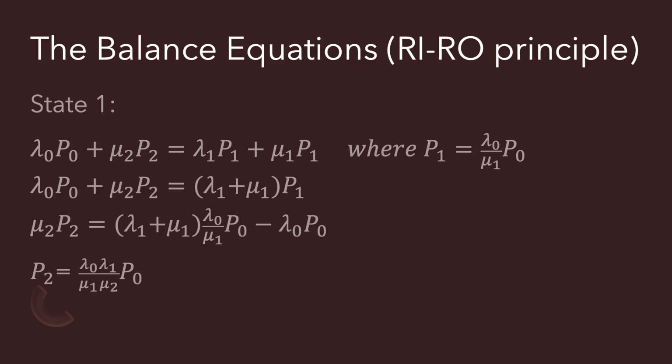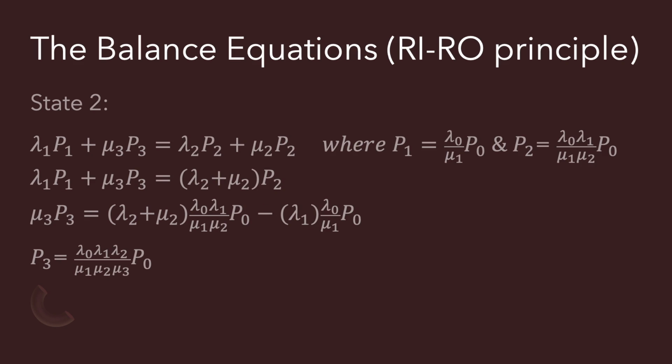Now, if we do the same process for state 2, we will have this. So for state 2, our rate in are these, our rate out are these, and we remember that P1 is equal to this, and P2 is equal to this. So factoring out P2 here, we get lambda 2 plus mu 2 times P2. Then substituting this here and this here, what we get is mu 3 P3.